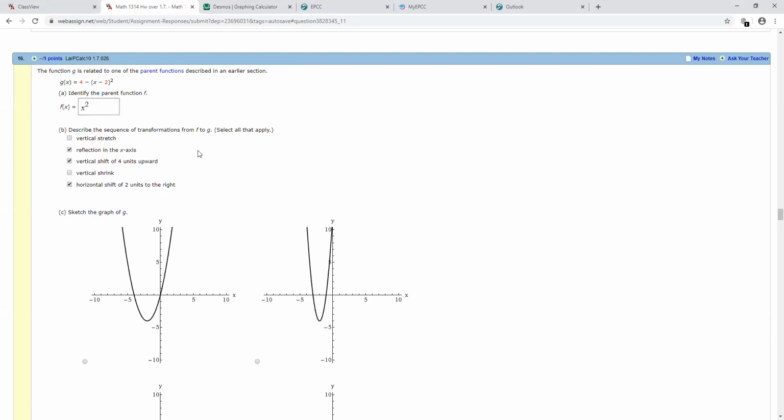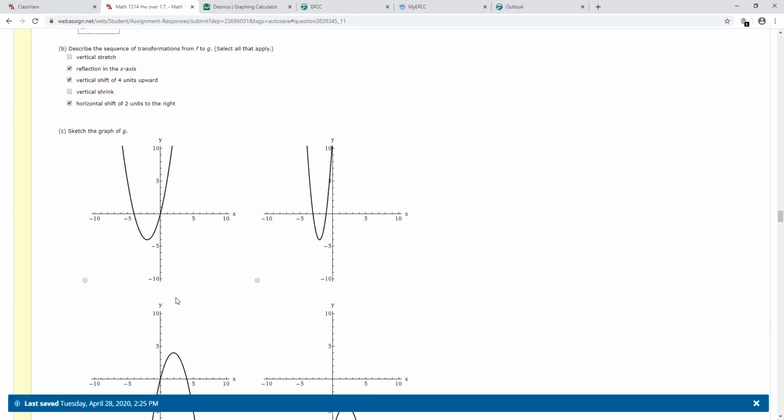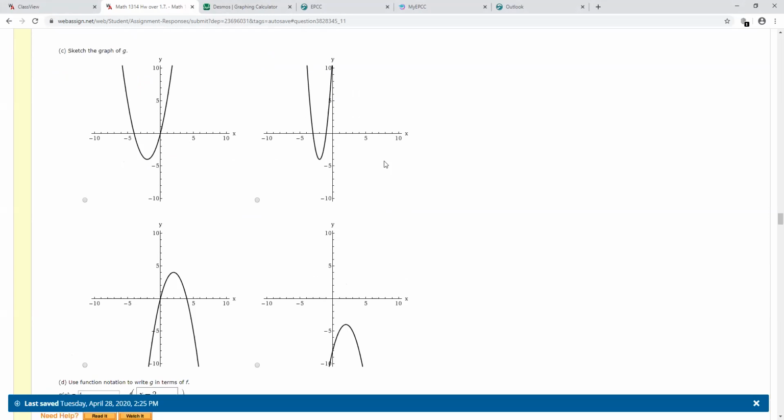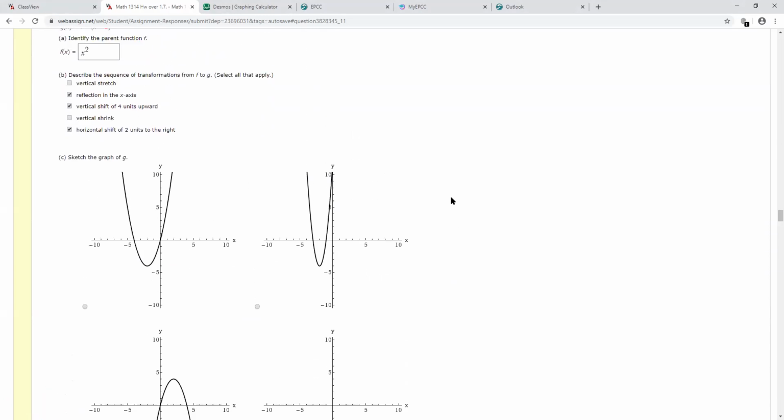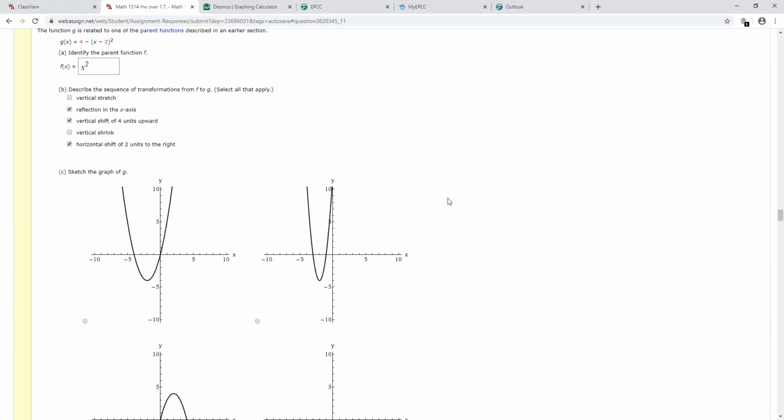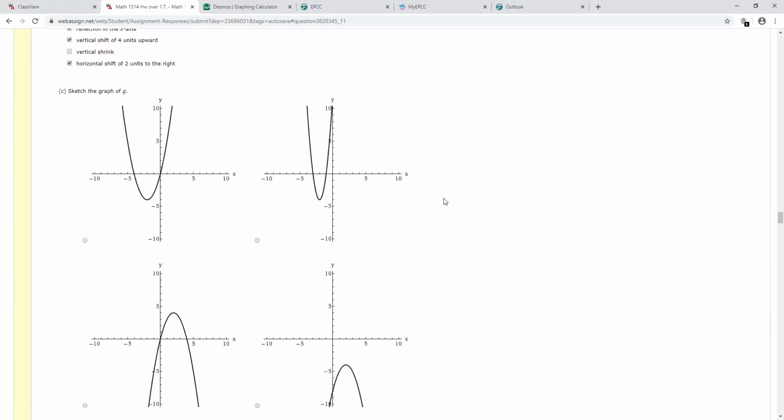And that's that. And now we want to match the correct graph. So 2 units to the right, and then reflect it over the x-axis. So here's the original x².